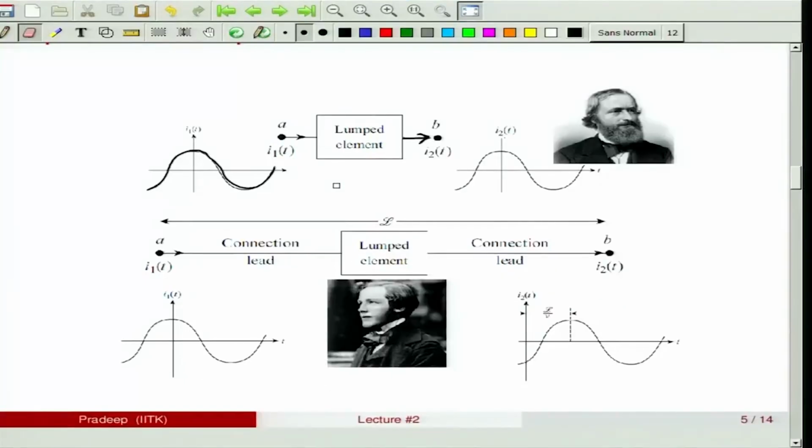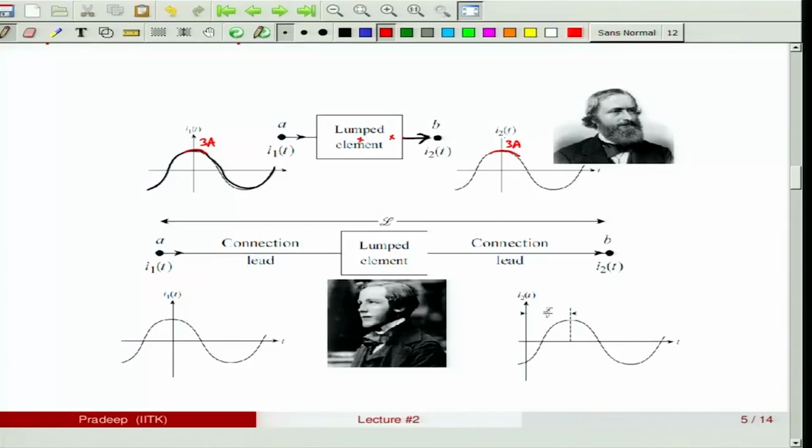As the current goes from some value over here, I2 of t also goes through the same values, right. So if for example this is 3 ampere, this would also be the value of the current at 3 ampere, and we have nowhere mentioned whether this current I2 of t is taken at this point on the lumped circuit element or on this point on the lumped circuit element, right.